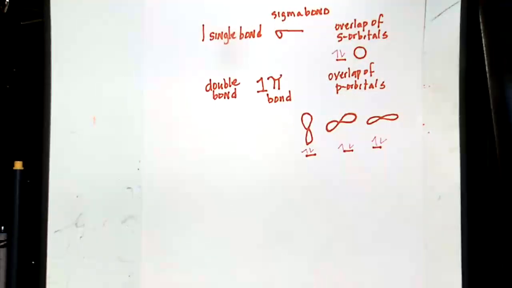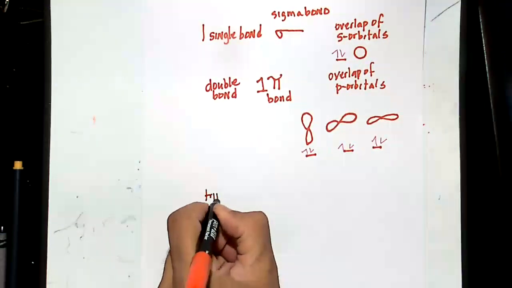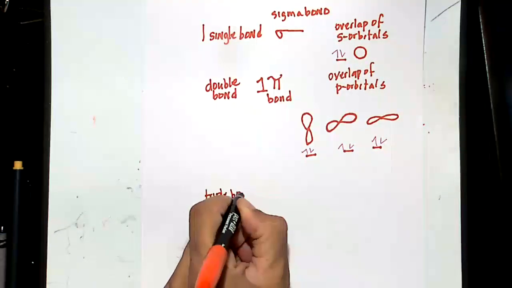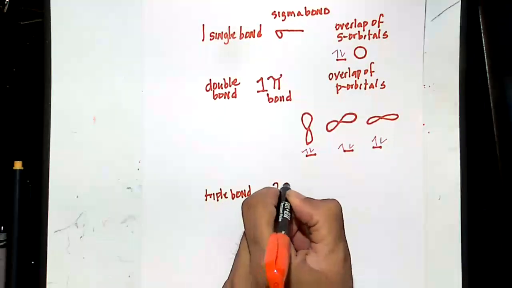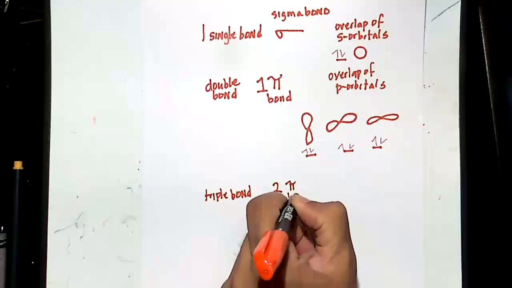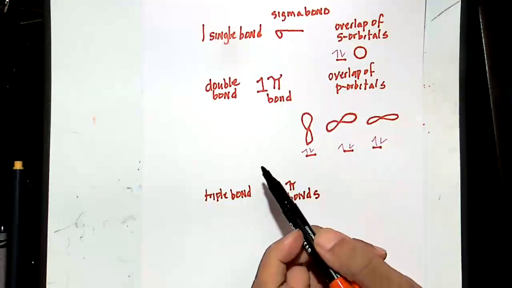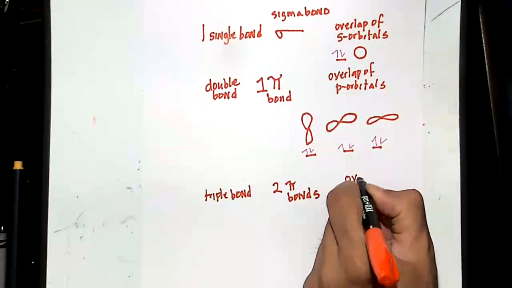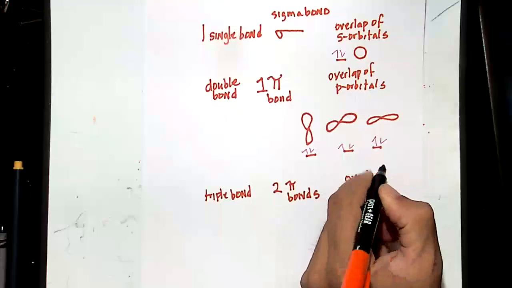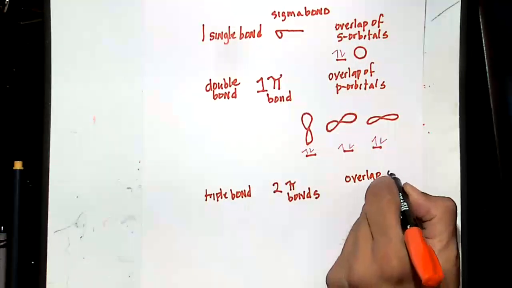Okay, the next thing is a triple bond. Okay, this is an overlap of two pi bonds. Okay, remember these pi bonds are perpendicular to each other. Okay, so I'm going to say it's an overlap of not one, but two of these p orbitals.